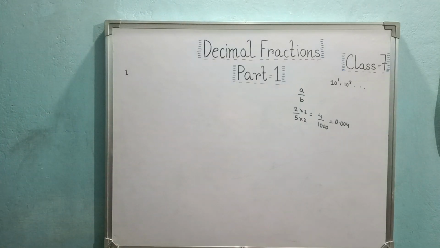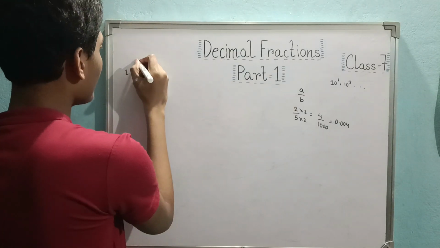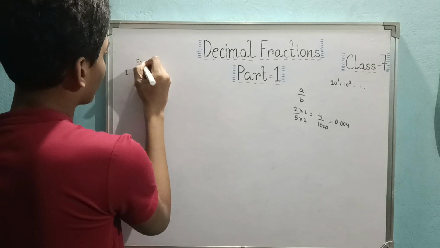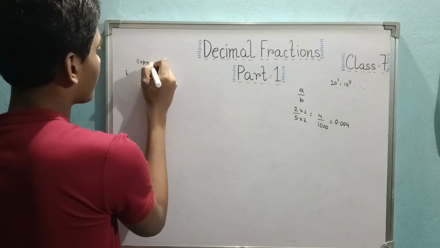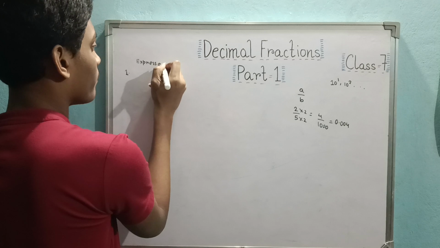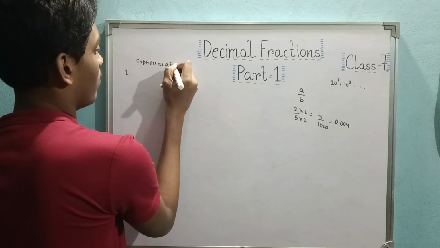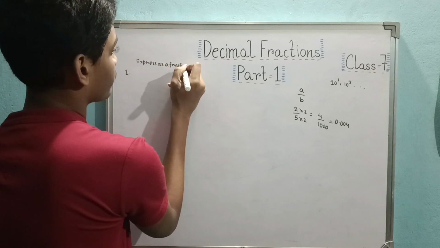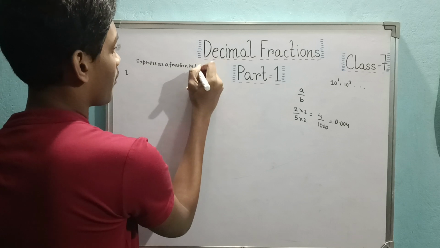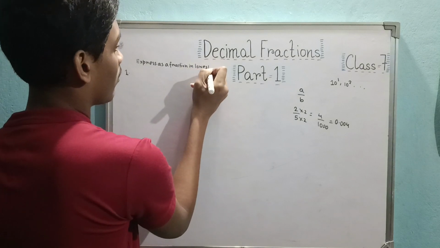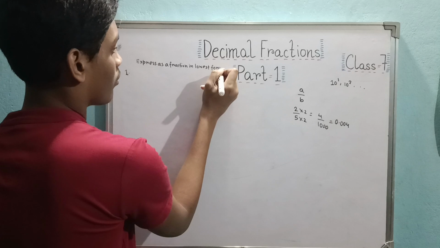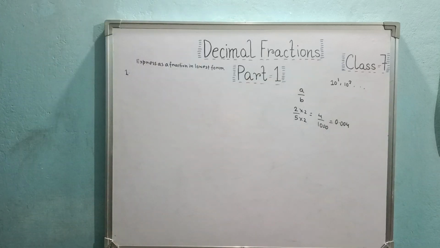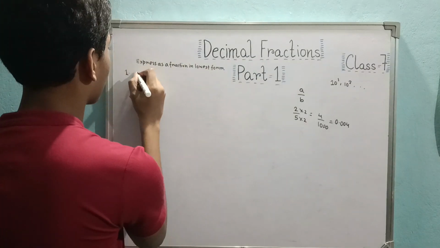Question 1. I am giving a heading for the first few sums. Express as a fraction in lowest form. The first one is 3.75.